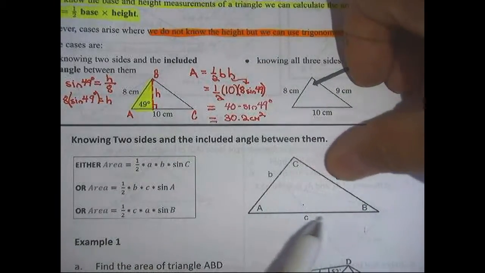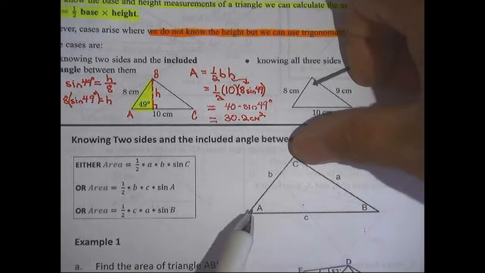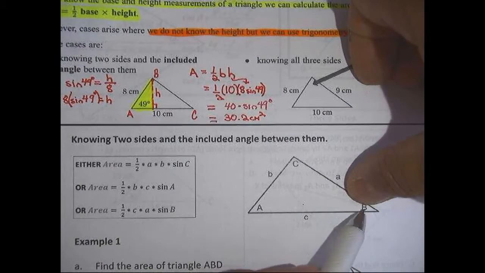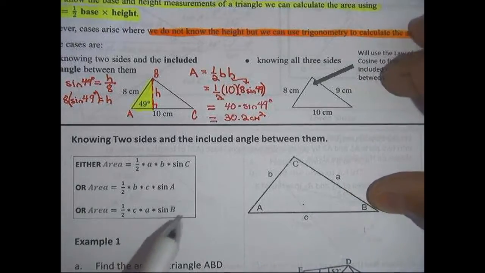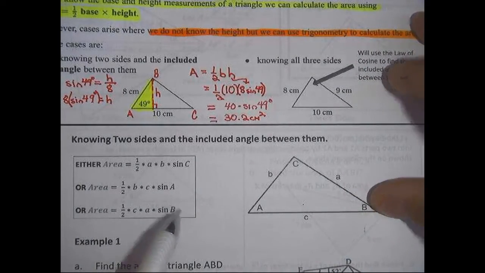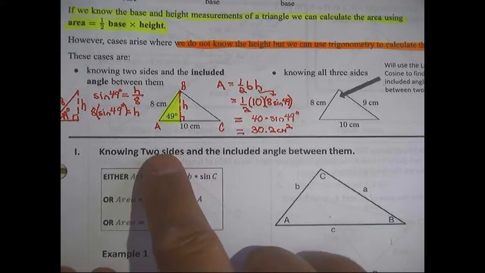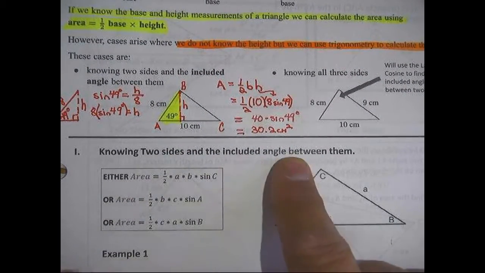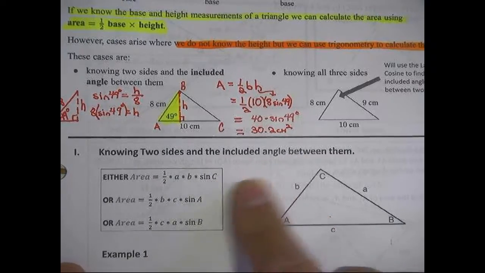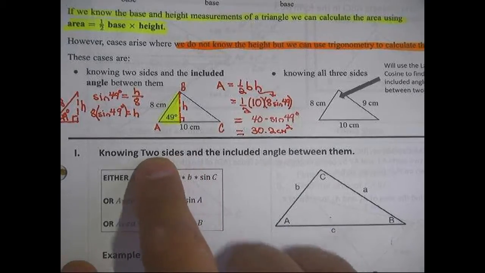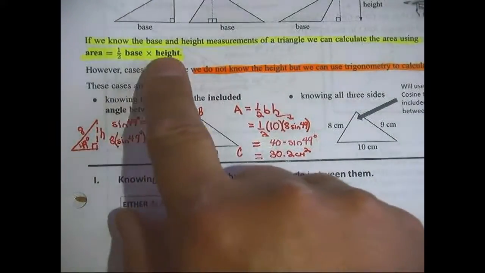If the problem gave me these two sides, I'd go 1/2 A times C times the sine of the angle sandwiched in between them. Okay, so that's how you find the area when you know two sides and the angle in between. I can now find the area when I didn't start knowing the height.